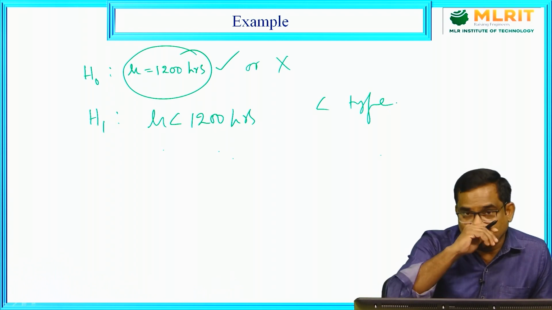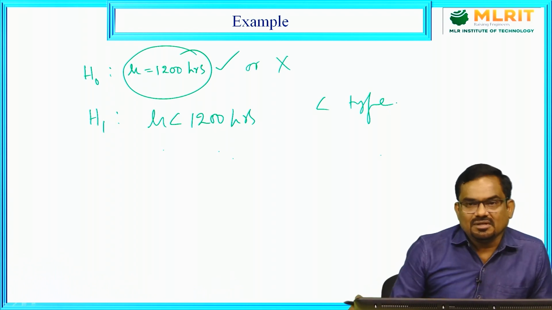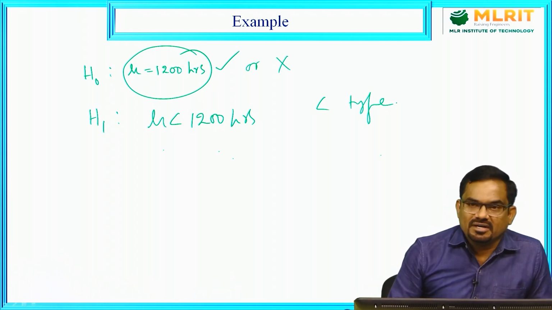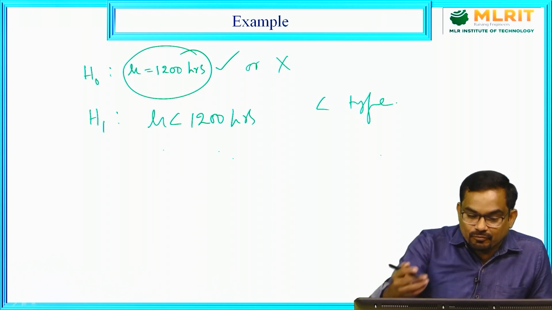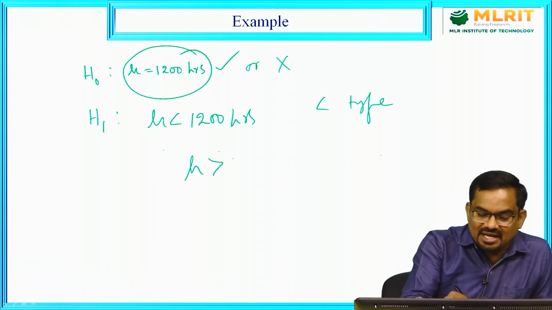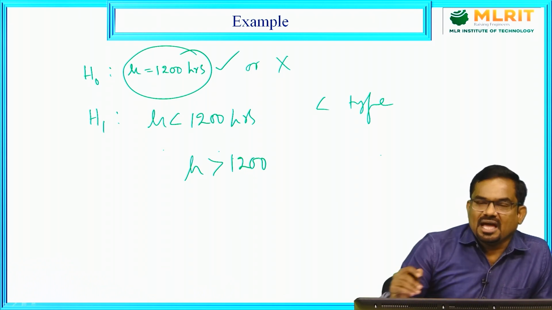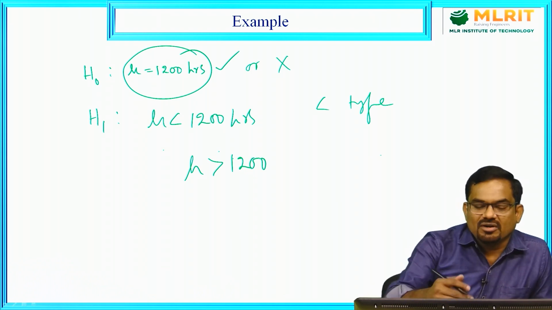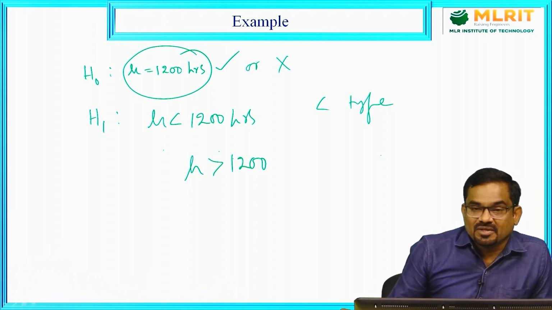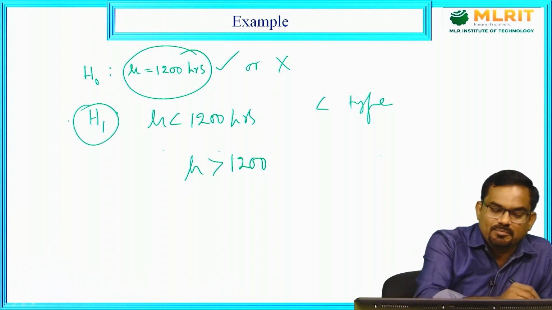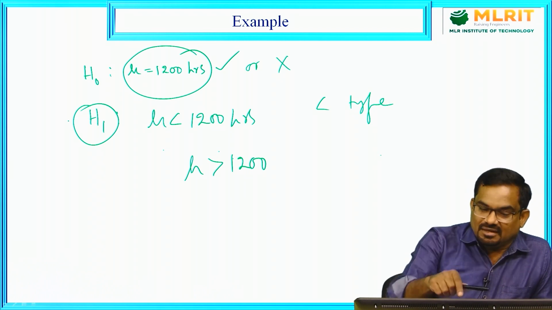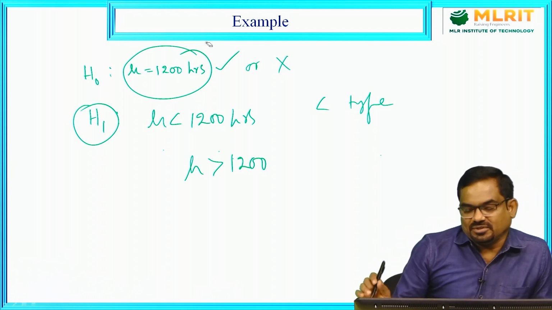For example, if the manufacturer claims that on an average it works for 1200 hours, and if we prove that the mean lifetime is more than 1200 hours, it does not reject the actual statement. It is not a contradiction to the actual statement. So, we have to consider the alternative hypothesis in such a way that we can reject the null hypothesis.